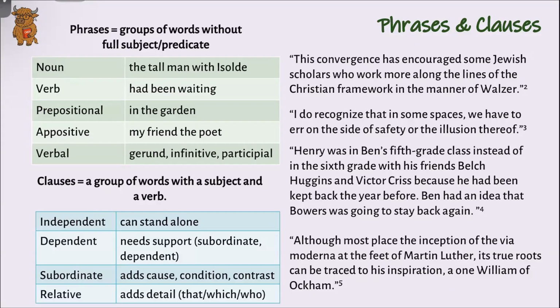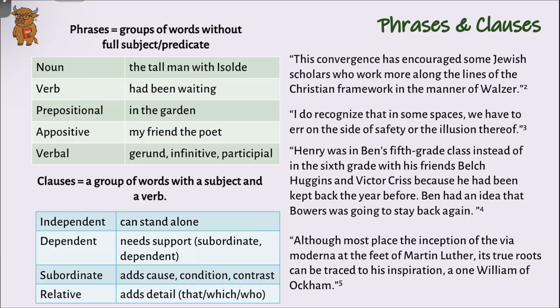All of these function as meaningful word groups, but none of them form a complete sentence on their own. Clauses, on the other hand, do have both a subject and a verb. An independent clause can stand alone as a sentence, while a dependent clause needs support. Dependent clauses can take different forms. Subordinate clauses add cause, condition, or contrast, and relative clauses add descriptive detail, often introduced by words like that, which, or who.